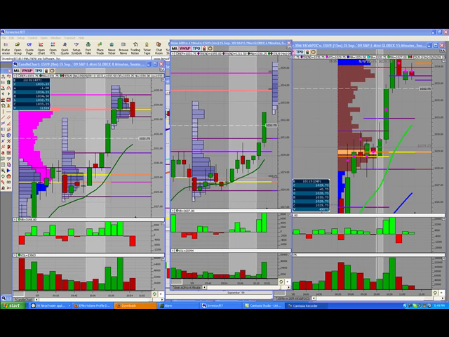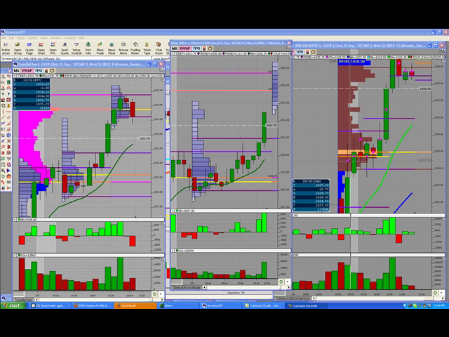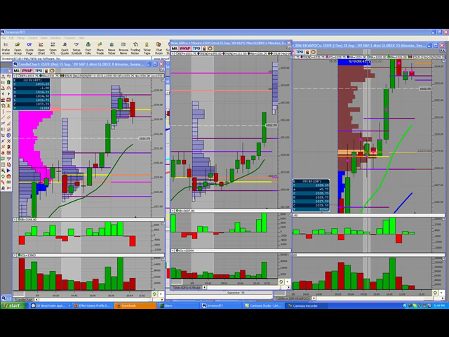Now if we looked at this price action on a 15-minute chart, you'll notice that all the delta stayed positive, although the volume was dropping rapidly, and very difficult to trade on the 15-minute.